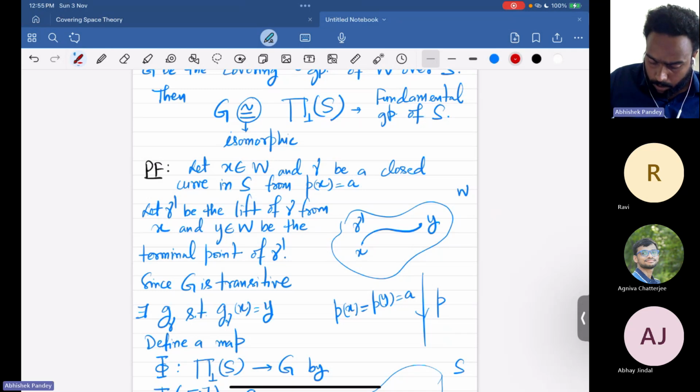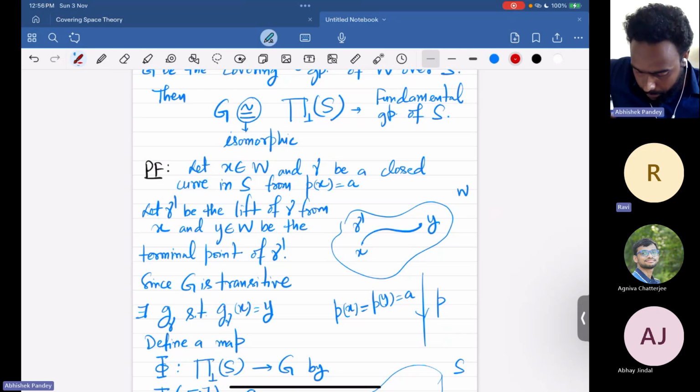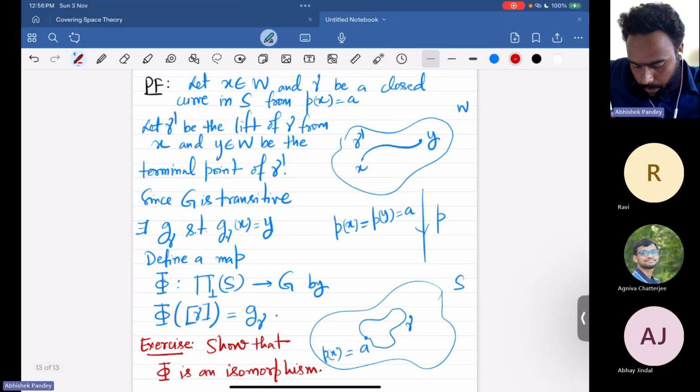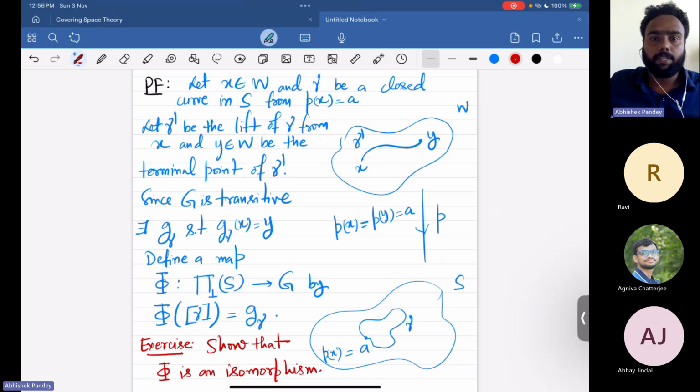So since G is transitive, basically they will belong to the same homotopic class. That's what I mean by unique. Whenever you take a curve sigma in this homotopic class, then whatever monodromy sigma you get will be homotopic to that in that sense, maybe by the monodromy theorem, because we have the lifting.